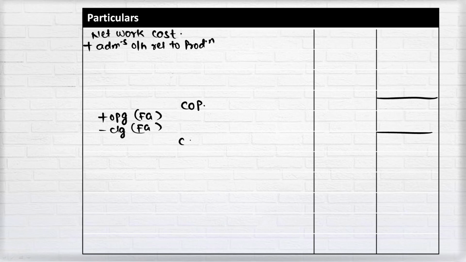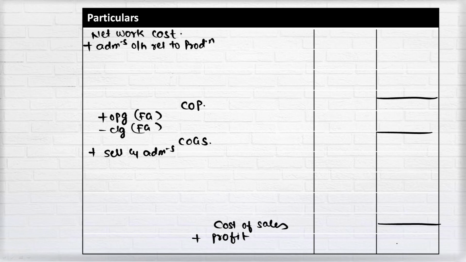I will be getting answer of COGS plus selling and administrative overhead. I will be getting answer of cost of sales plus profit. I will be getting answer of sales.